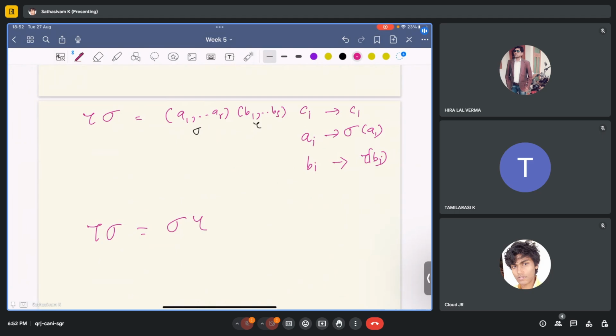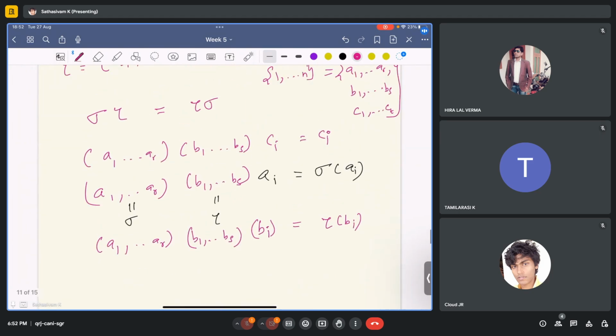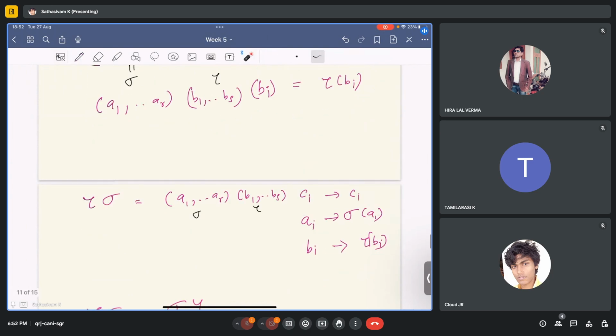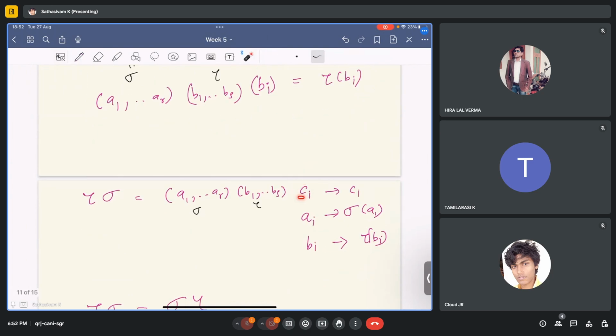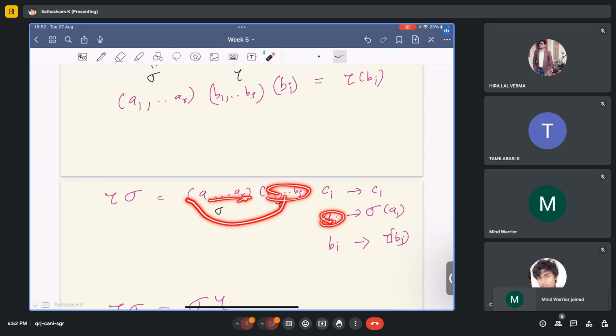So the real idea is, if you have a disjoint cycle and you are applying it to some element, if this element is inside the cycle, then this cycle will act on this element. If this element is not inside the cycle, then it will not act on that. If you take AI, only sigma will act. Whether BA is in the front or in the back doesn't matter, because on AI only sigma will act.